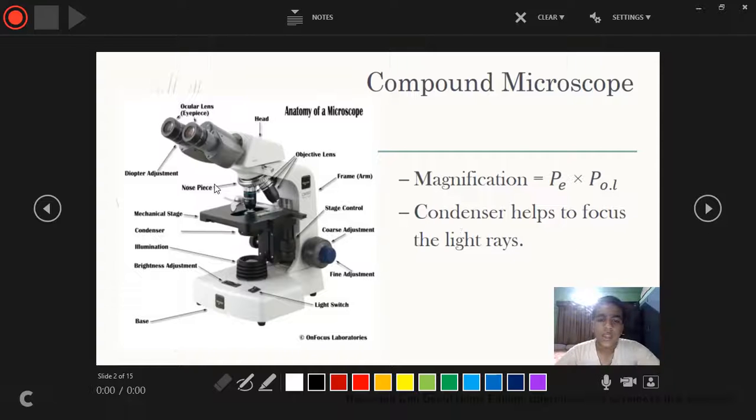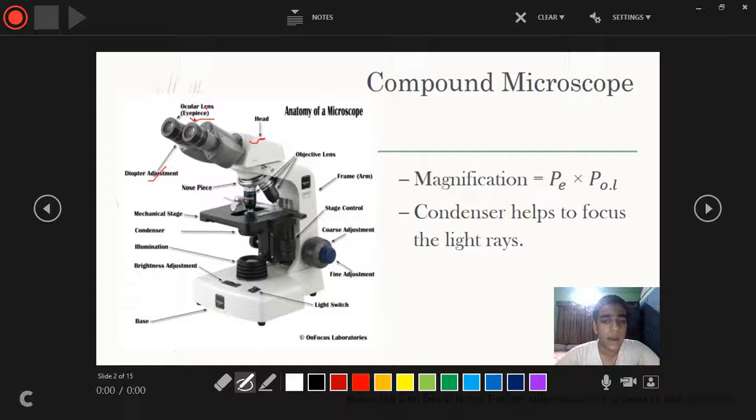Okay, so in this picture you can see the anatomy of a microscope. This part is the head. This is the ocular lens, just the eyepiece you can say. Ocular means to notice, same as eyepiece. Diopter adjustment is the adjustment of the magnification or power of the eyepiece.